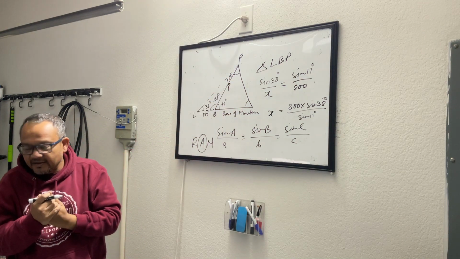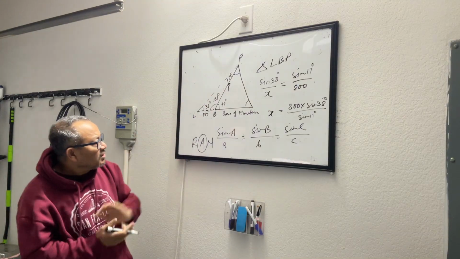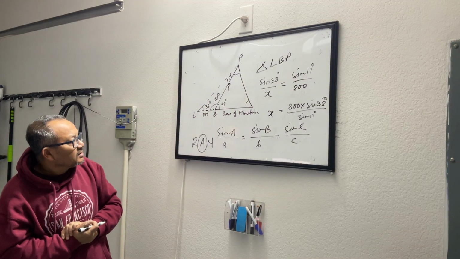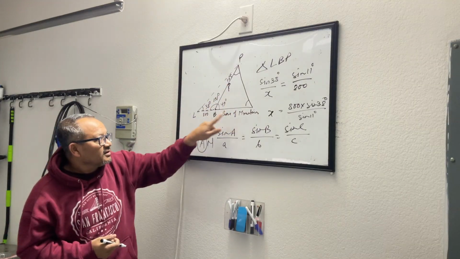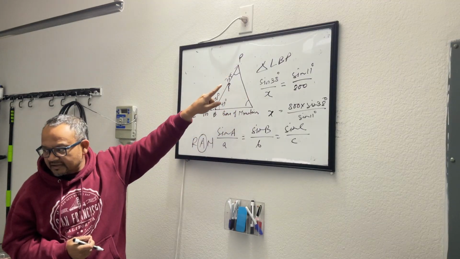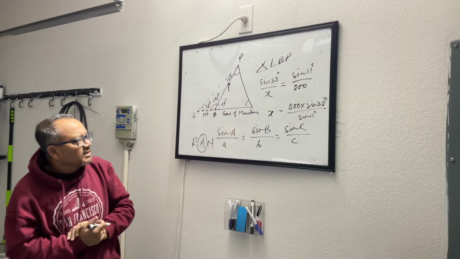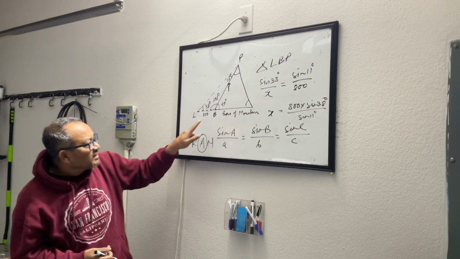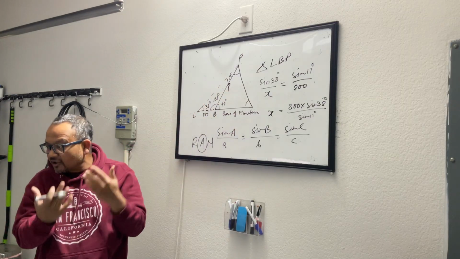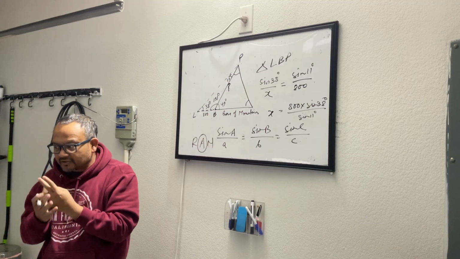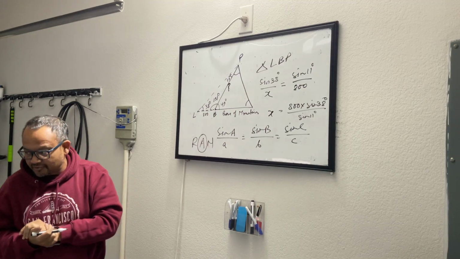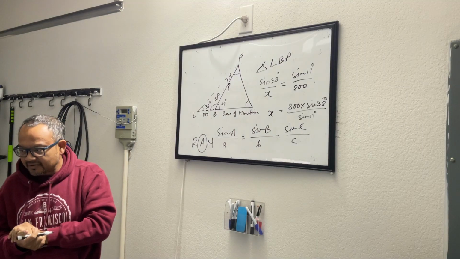And even if we find that out in this triangle, there is no side known to us. Let's say we find out all the three angles by some means, but none of the sides are known to us, then we cannot apply the law of sine or law of cosine. For law of sine and cosine, you need at least one side to be known to you, if you know all the angles.